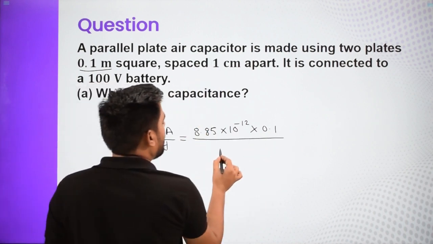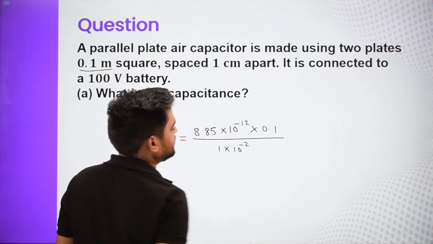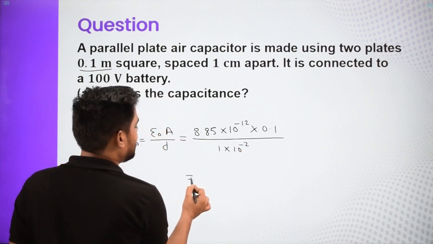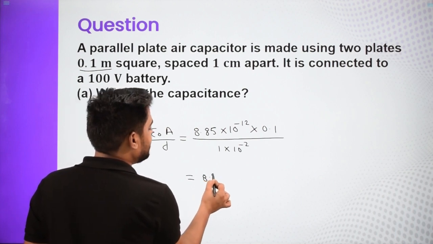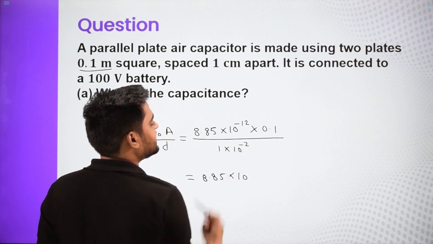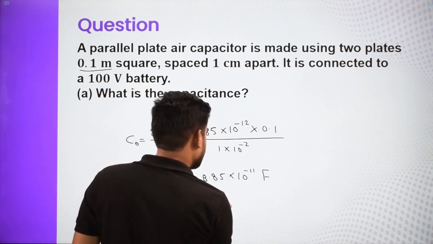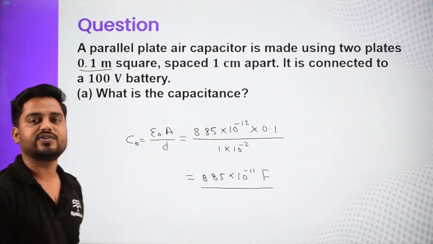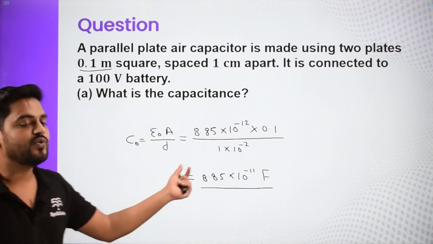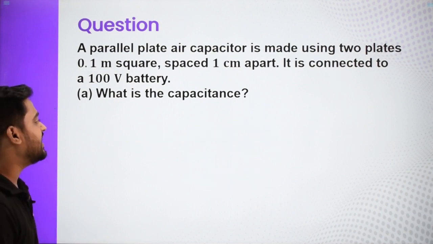Distance is 1 centimeter, which is 1 into 10 raised to power minus 2. When we solve this entire thing, we get 8.85 into 10 raised to power minus 11, and this is farad because we have used all SI units. So this is our original capacitance, 8.85 into 10 raised to power minus 11 farad.